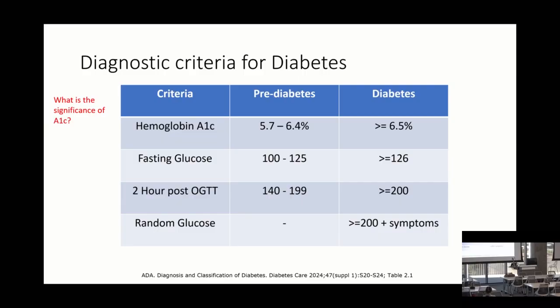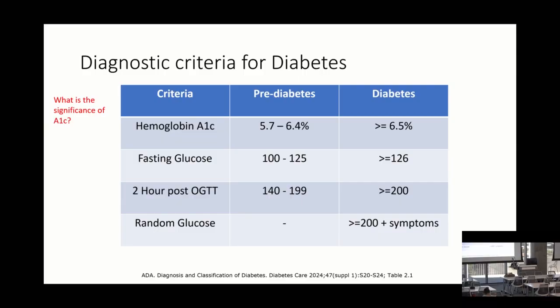So we use A1C all the time in clinical practice. It's probably one of the most frequent tests that I measure every day that I see my patients with diabetes, because it tells you the average glucose over the preceding 3 months. There's actually a correlation between the actual A1C and what the average glucose over the previous 3 months is expected to be.